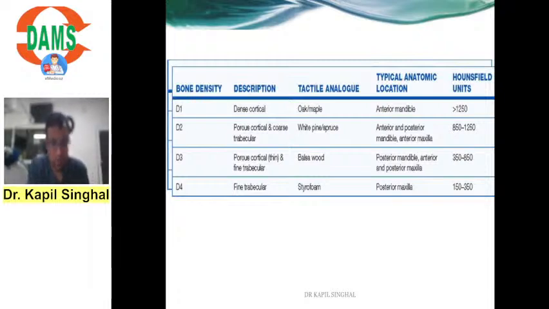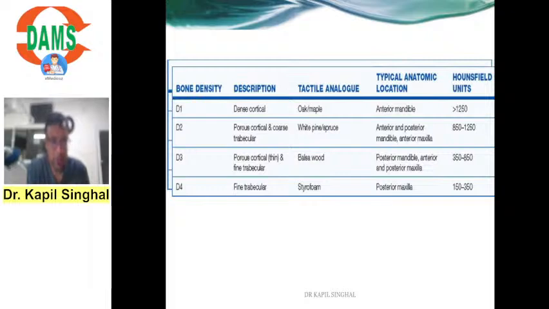The D3 bone is porous cortical and fine trabecular bone. It is porous, thin cortical and fine trabecular bone. It is compared to balsa wood, seen in the posterior mandible and anterior and posterior maxilla, and the value is between 350 to 850 Hounsfield units.